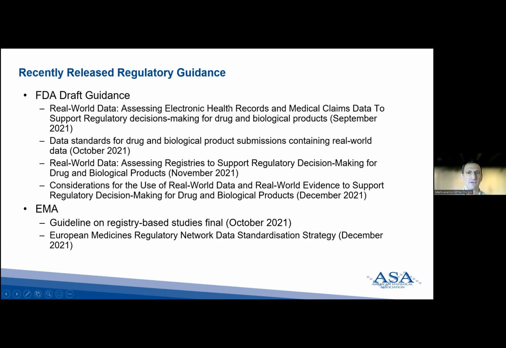Let me try to use the cursor. And I'm going to skip to the third for a moment, real-world data, assessing registries to support regulatory decision-making. So these are two parallel guidances that basically address fit-for-purpose of two sources of real-world data. Here, electronic health records and medical claims data, and here, registry.